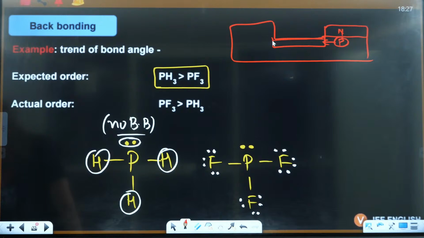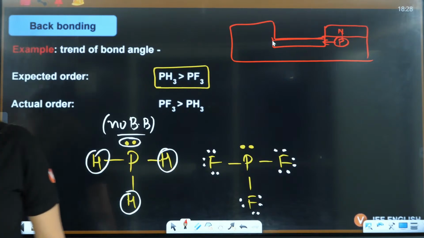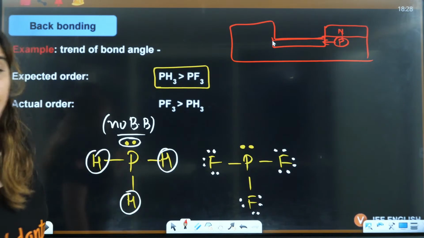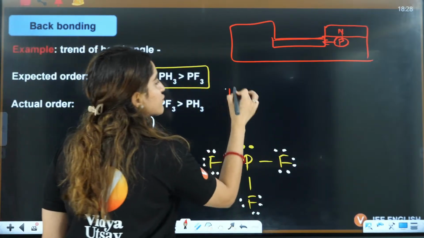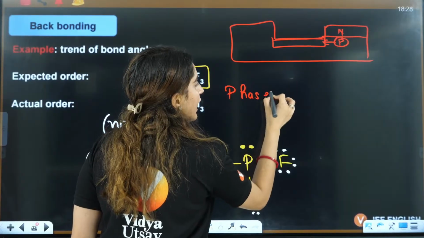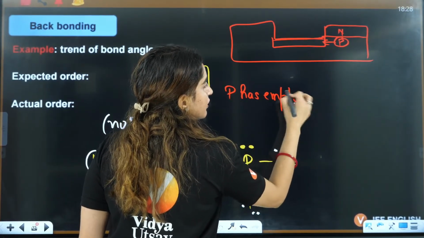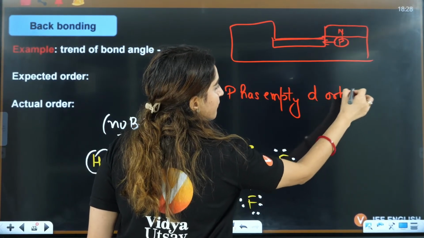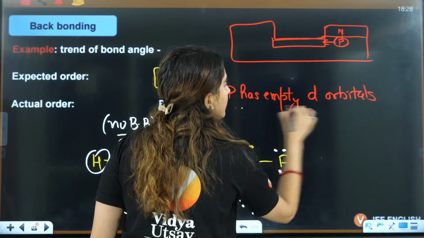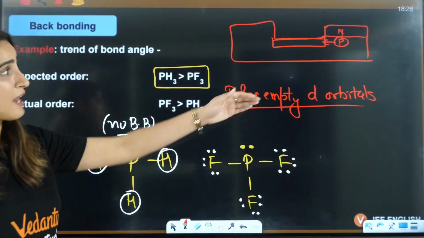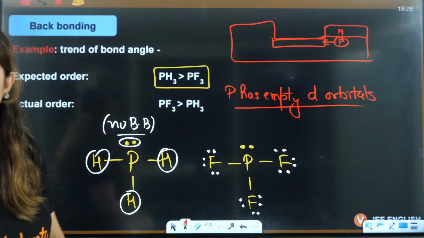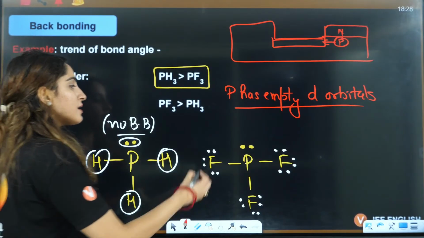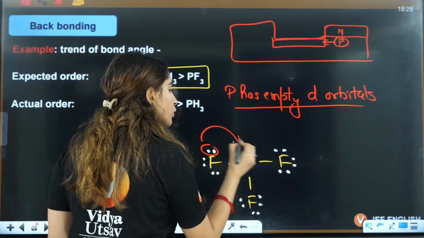Yes students. Why is it going to accept the electrons? Because phosphorus has empty d orbitals, right? Because it has the 3d series in front of it, that's why it has empty d orbitals. So that is the reason these lone pairs will be donated.